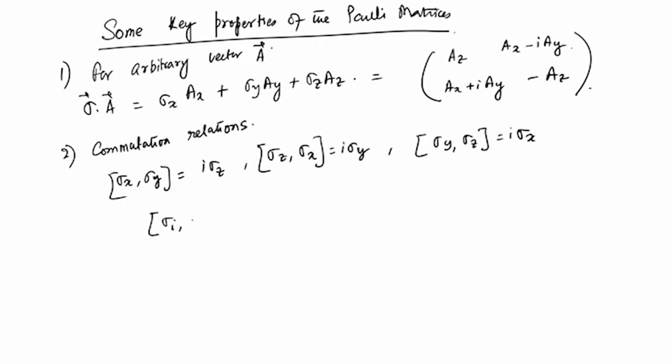So, [sigma i, sigma j], in general this is equal to i epsilon i j k sigma k, very similar to what I have spoken for any general spin operators or any general angular momentum operators. Okay. This has some special relations which are the anti-commutation relations.